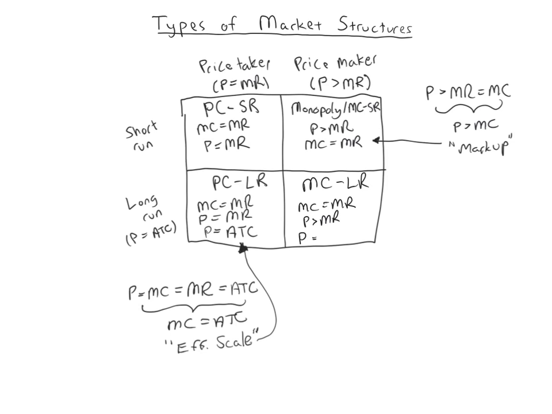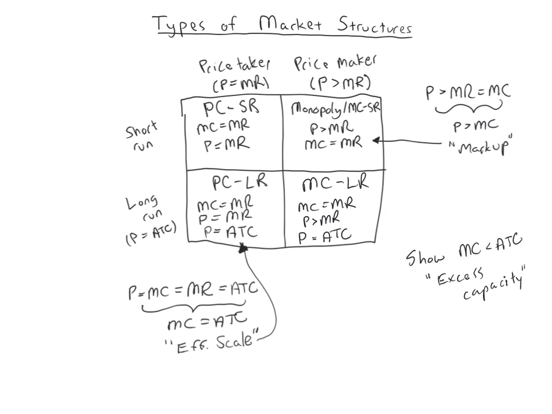And now by assumption, since we're in the long run, we have P equal ATC. As an exercise, go ahead and show that given those three equations, you have to have MC less than ATC. We called that excess capacity, because you're below efficient scale, so you have capacity to increase production and move towards efficiency.